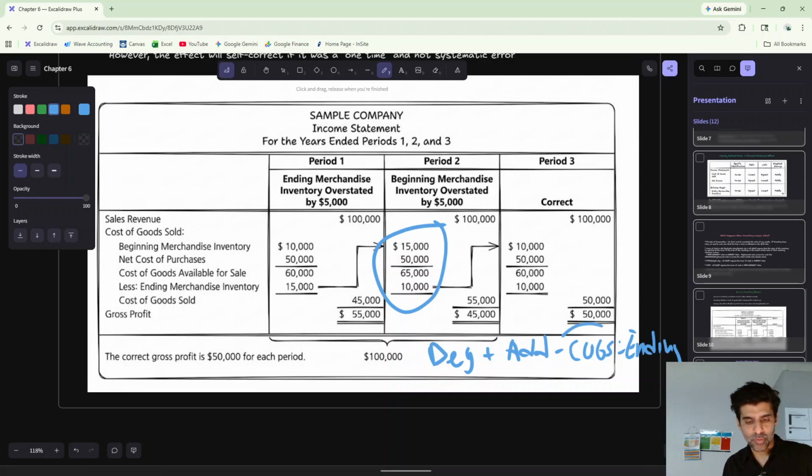And what we're doing is solving for cost of goods sold. So it's beginning balance plus your additions minus your ending balance equals cost of goods sold. Again, we've seen this framework, and it's just being applied in a different context with inventory this time.